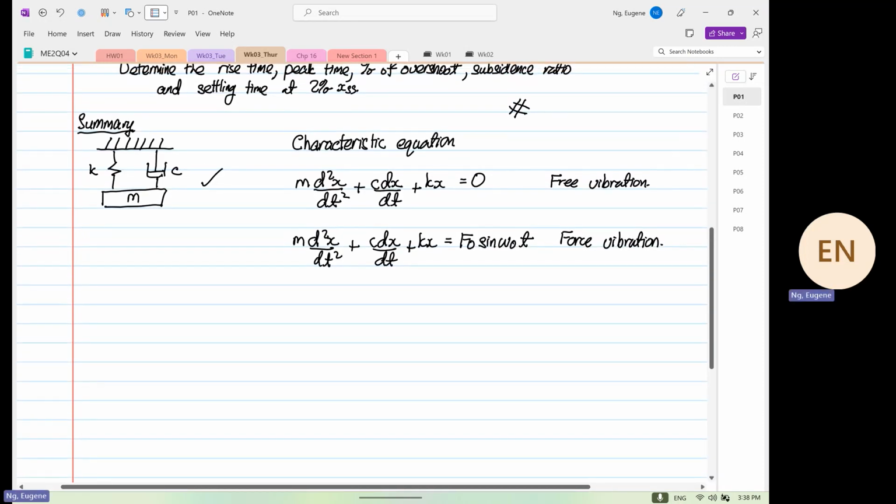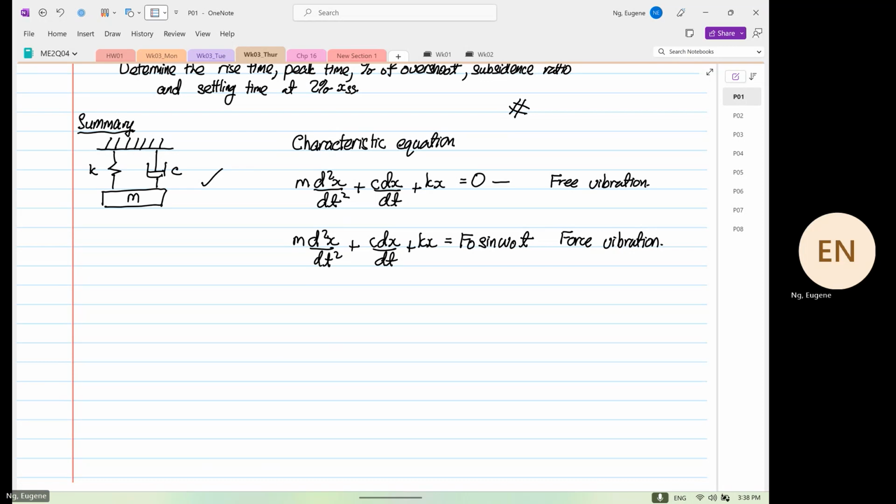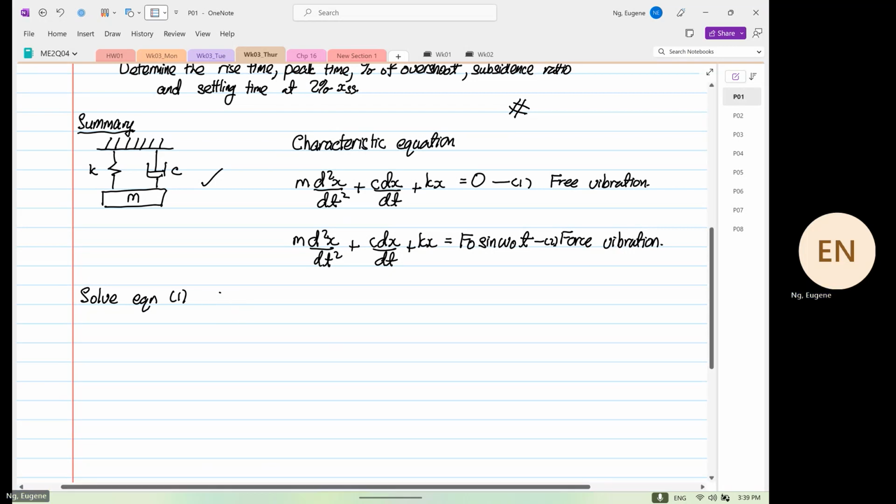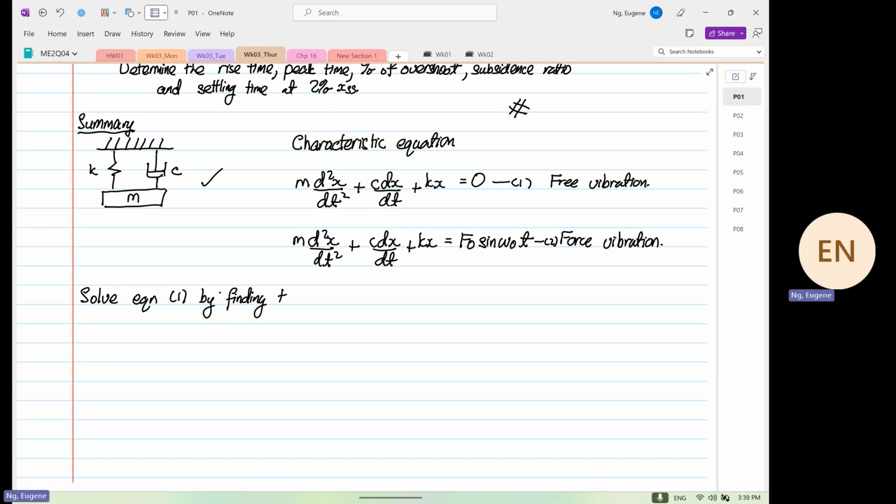So the next thing, we are going to solve equation 1 by finding the roots.